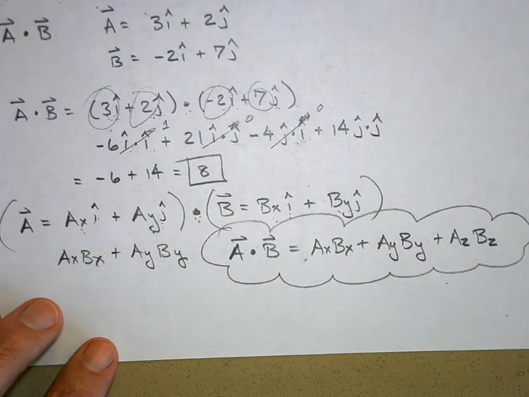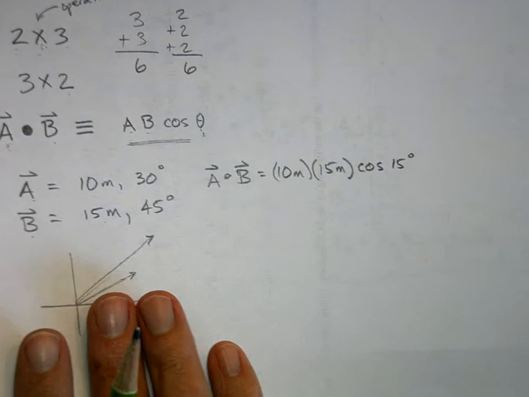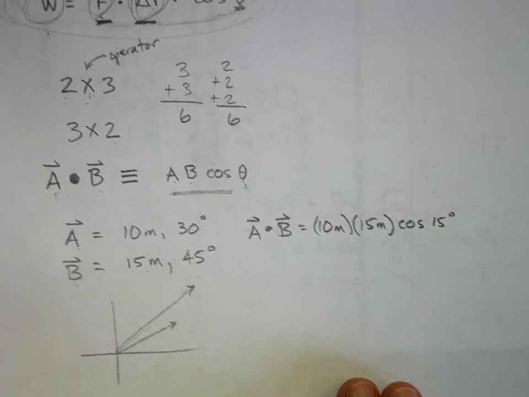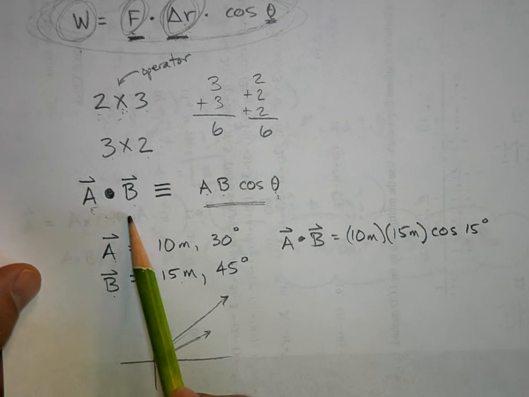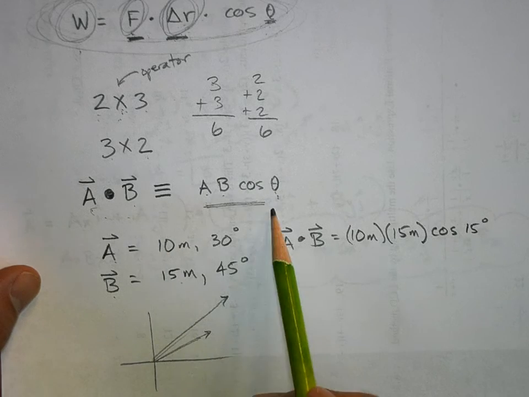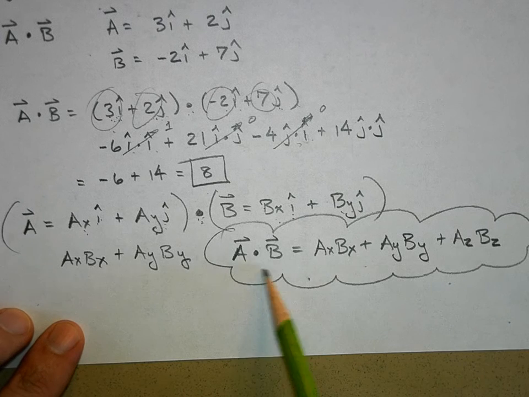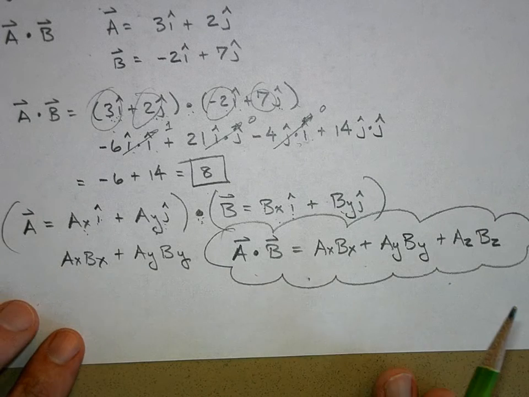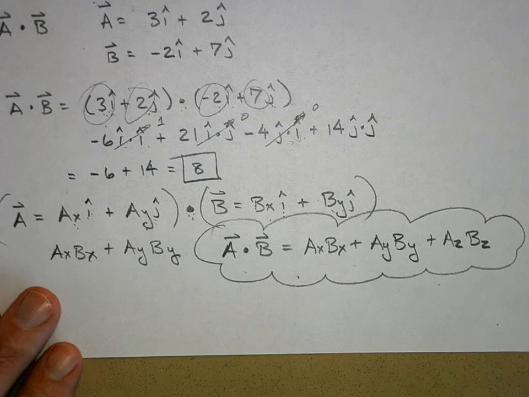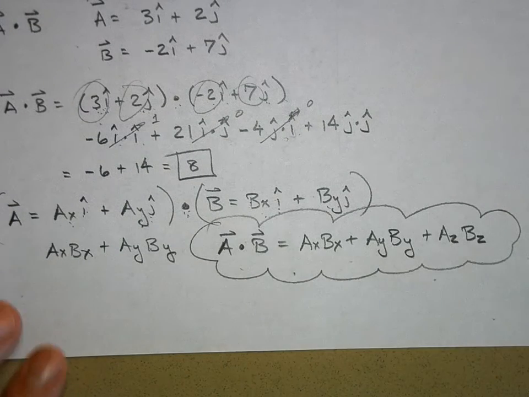You can use this one: A dot B, by definition, is AB cosine theta, or you can use this to define it. Either one will work. They're both true.